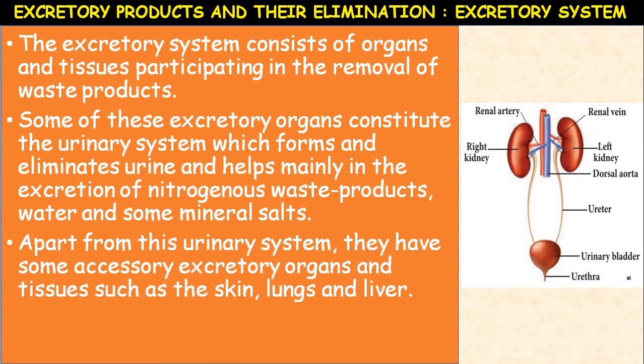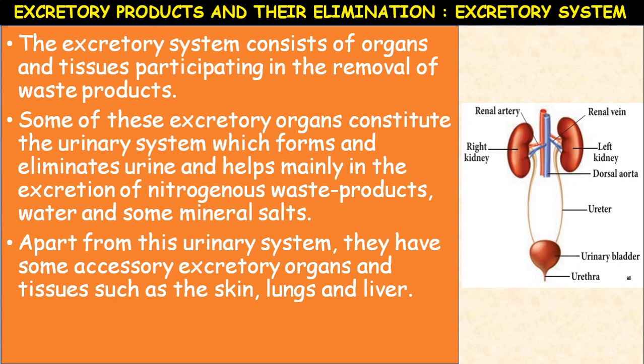Apart from the urinary system, there are some accessory excretory organs and tissues such as skin, lungs, and liver. They are accessory excretory organs, but the principal excretory organ is the kidney.